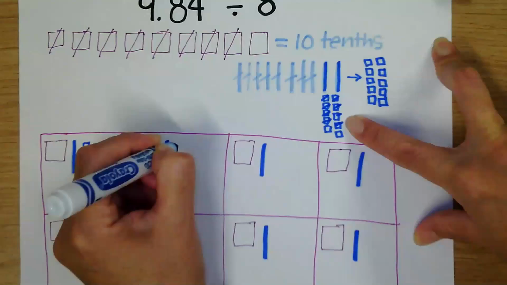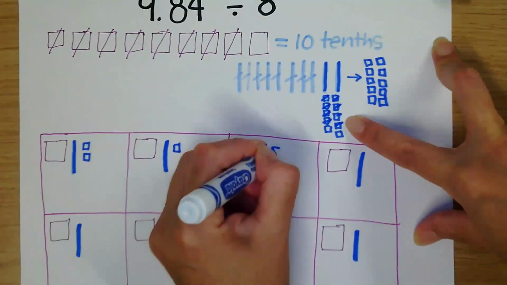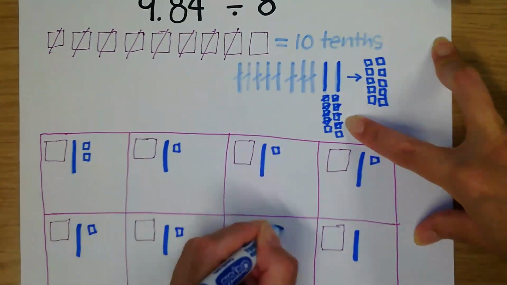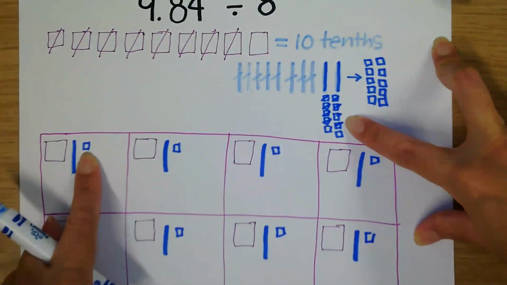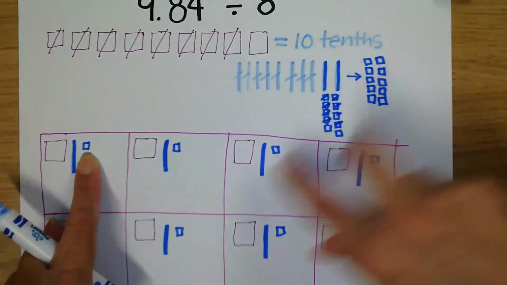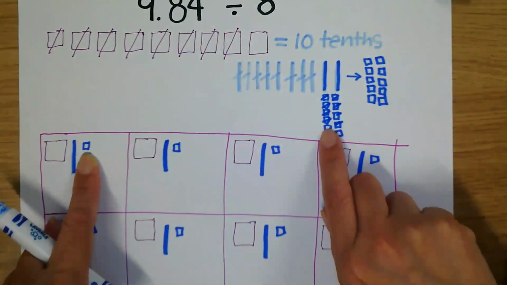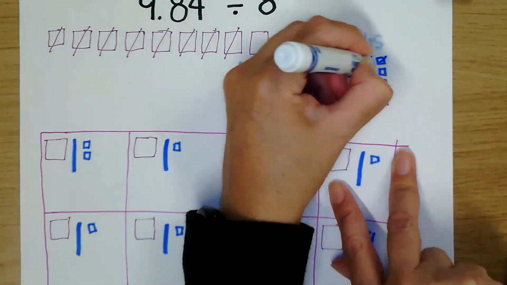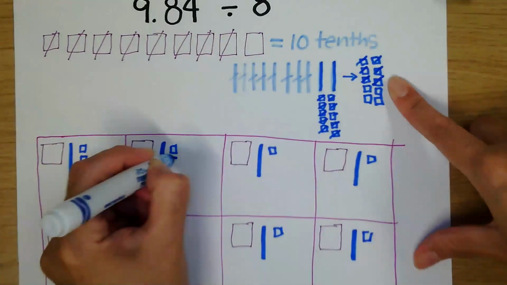I'm just putting the 8, one on each group. Now I'm going to divide the rest: 1, 2, 3, 4, 5, 6, 7, 8. I can put one more here.